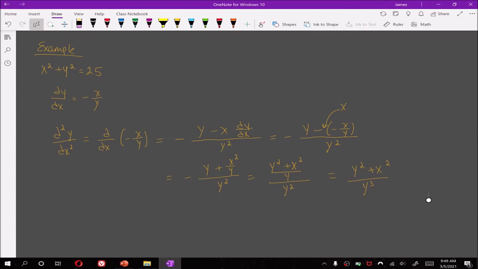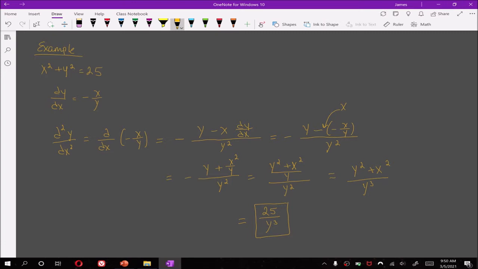Now we're not quite done yet. Notice this y squared plus x squared. Up here it's given to be 25. Right, so we can just write 25 over y cubed, and that would be a second derivative.